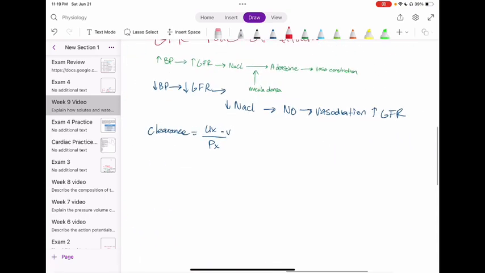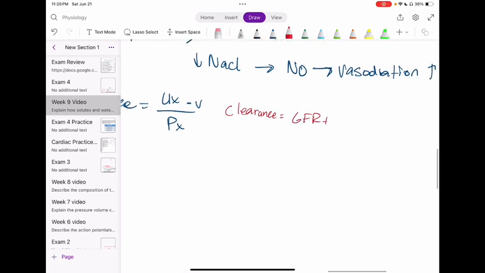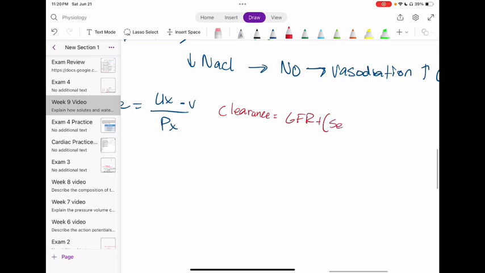And so this equation does not work perfectly. Instead, a better way we can calculate clearance is clearance equals GFR plus secretion minus reabsorption.